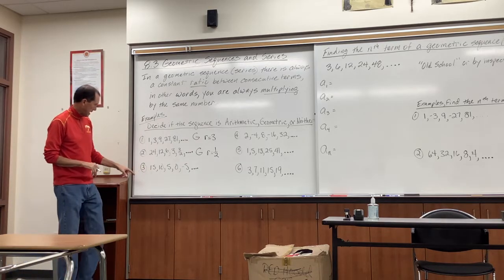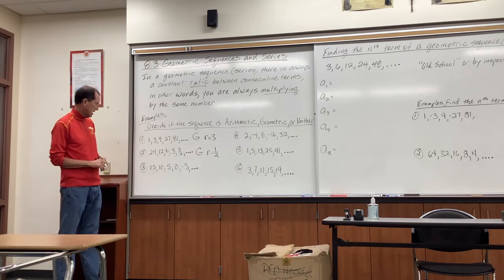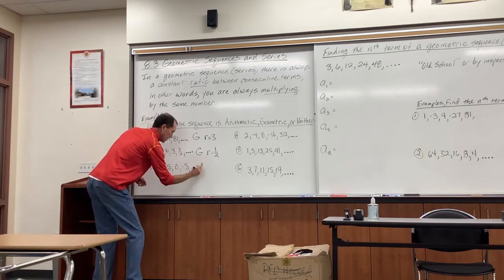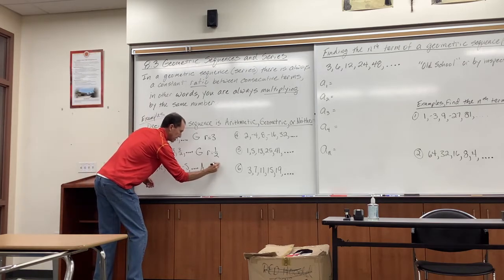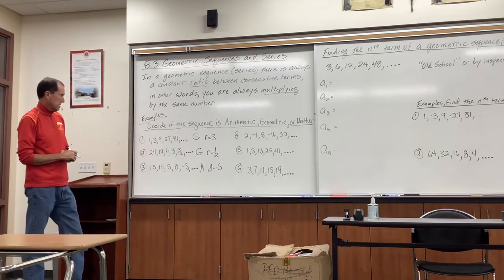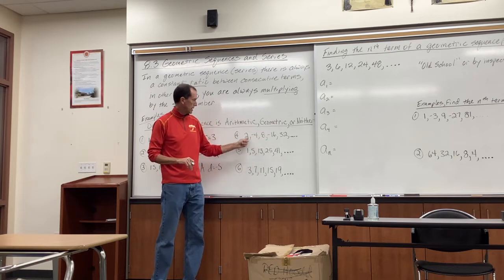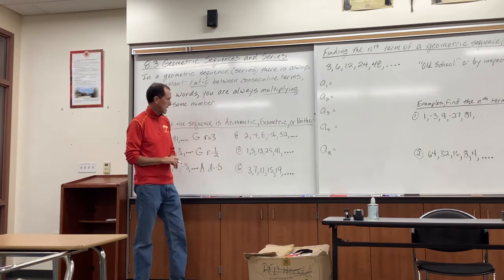Here, let's see, 5 to 10 to 15 to 10 to 5, it looks like they're subtracting 5 each time. So again, that's more like an arithmetic where the difference is -5. Moving over here, looks like 2, 4, 8, 16, 32, but it's alternating between positive and negative.